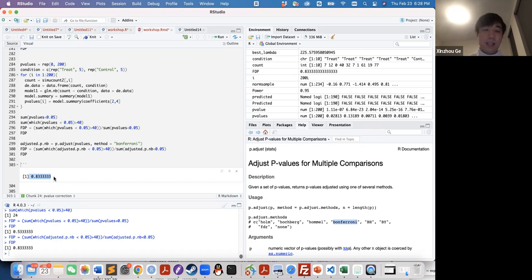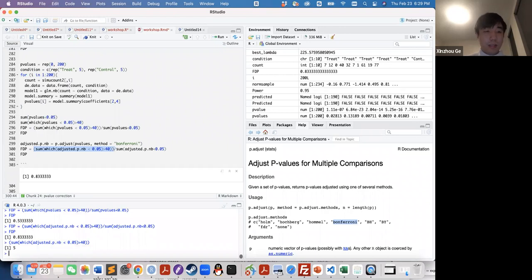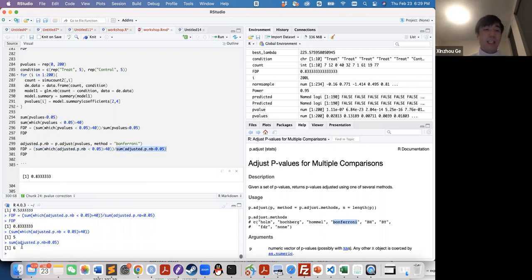And in this case, after the correction, we only have 6 discoveries, and 5 of them are false discoveries.